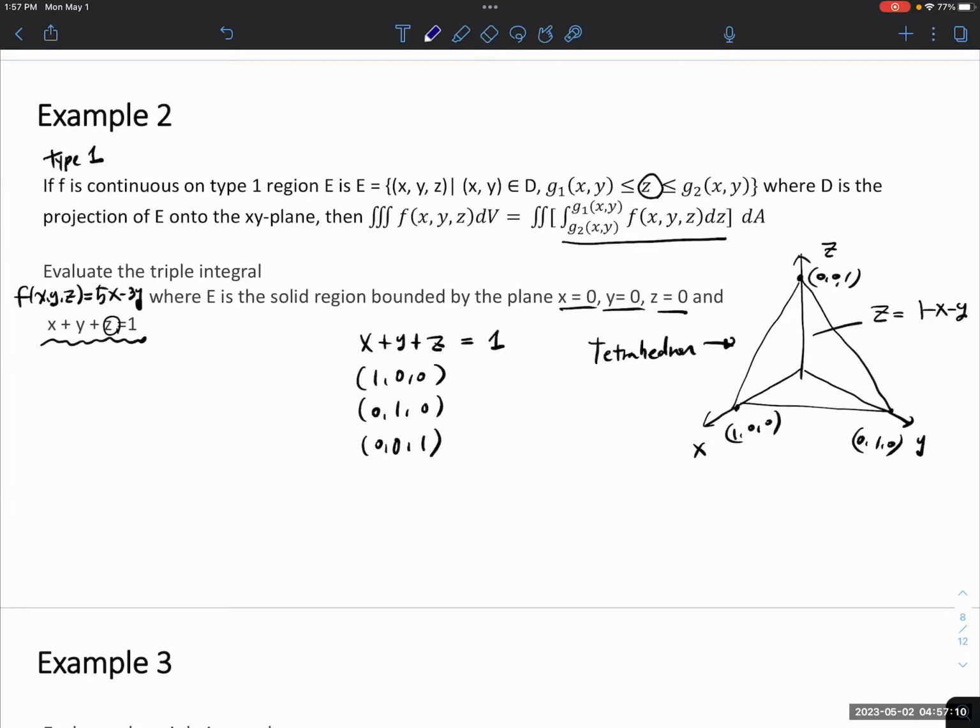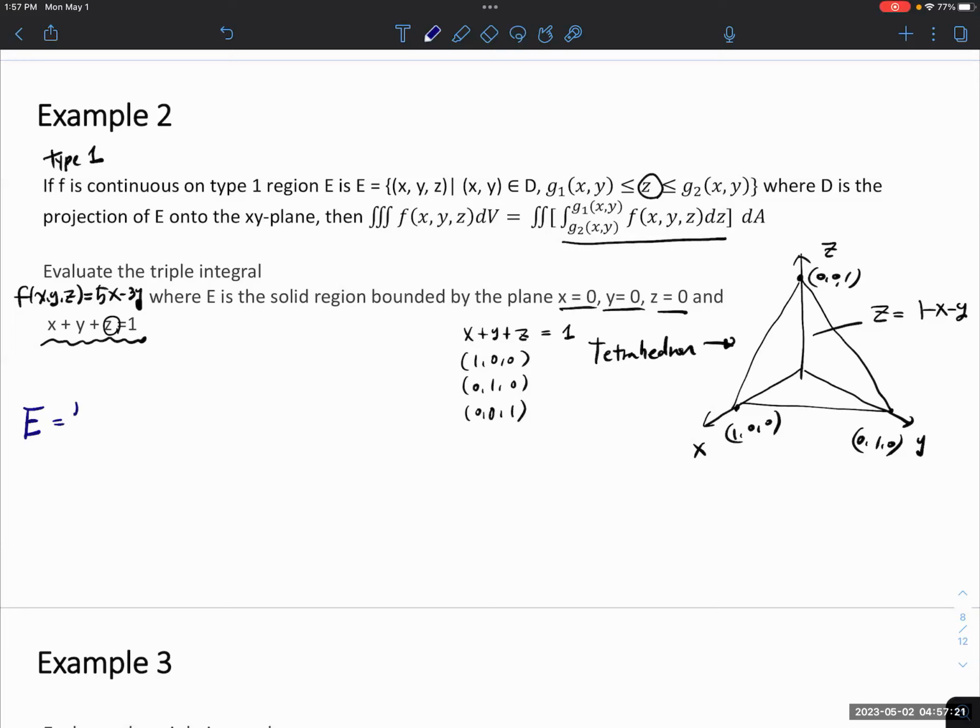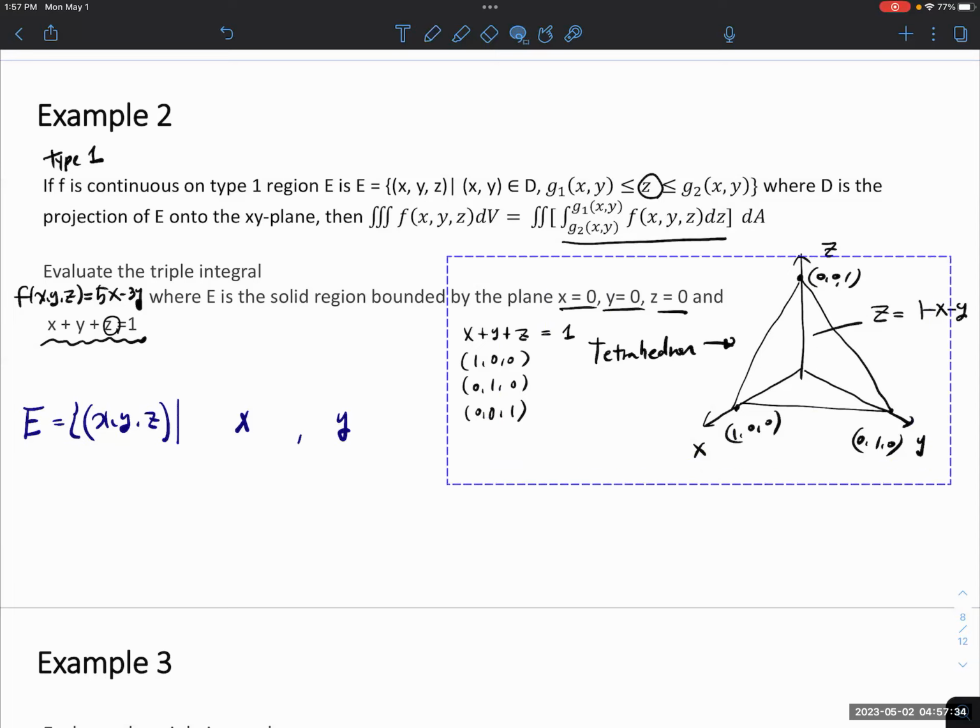So now I want to find out the interval for everything. Here, what do you guys think? We have x, y, z, that's the function, such that you need to find the interval for x, the interval for y, and the interval for z.